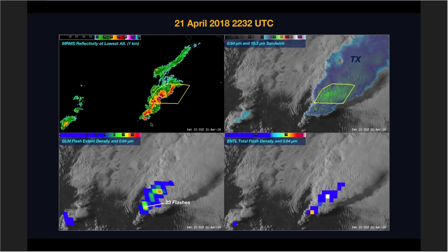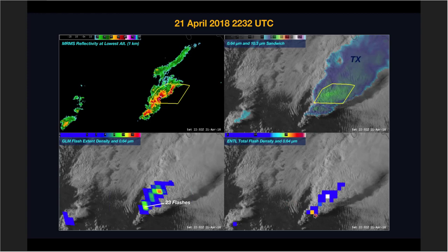Things are starting to evolve, and just quickly comparing to Earth Networks, you can see that the maxes are there. There's a max of about 22 flashes in this pixel from Earth Networks, and probably close to 40, 45 with this white pixel here to the north. You can see that again in the GLM, but what the GLM provides is, in my opinion, just an easier footprint to interpret.